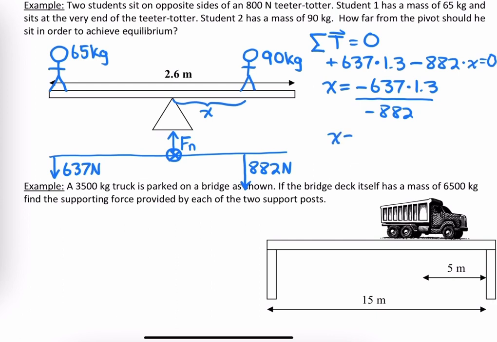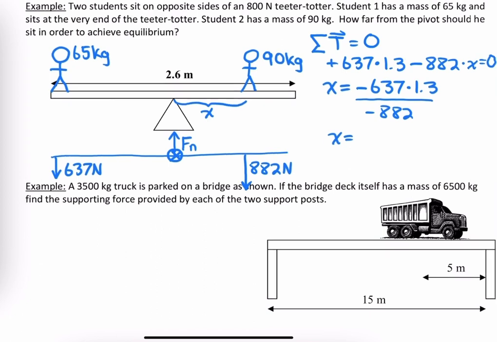So that gives me x equals, if I round it to 3 sig figs, 0.939 meters. That is x. It's how far this student needs to be from the pivot point in order for that teeter-totter to be in equilibrium, to be not starting to rotate one way or another.